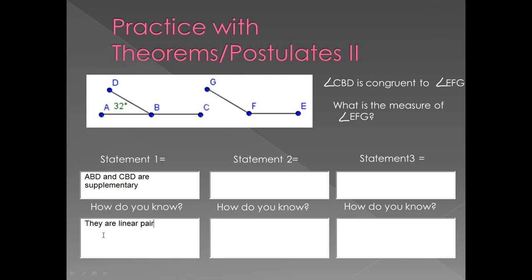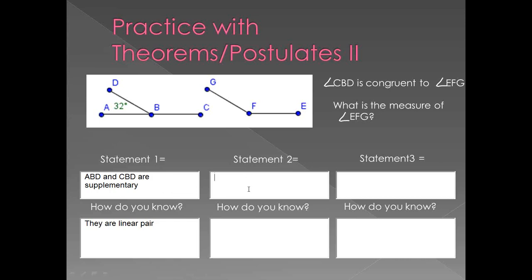You're on the right track, but you're a few steps ahead of me. That's okay. It means you understand. So they are a linear pair. Good, Noble, it's exactly where we're headed, but we didn't get there yet, okay? Suppose you were doing a proof.